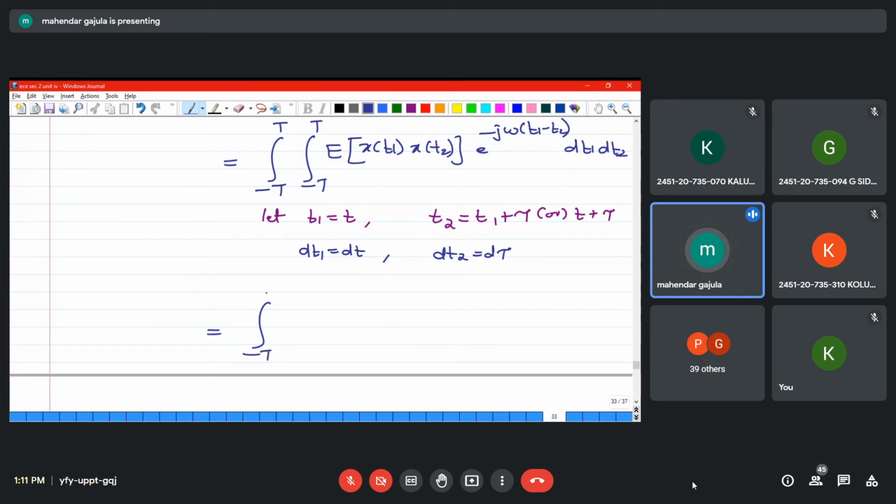Minus t, minus t. Other limits are minus t and t minus t, because t2 is t plus tau.